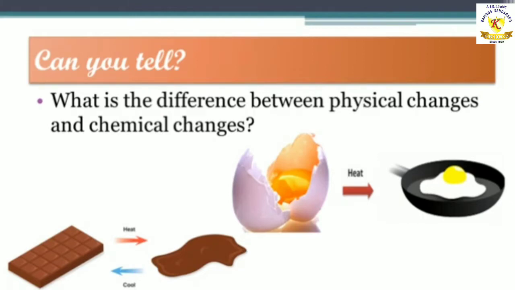Are you getting the difference? Physical change is a reversible process, whereas chemical change is an irreversible process. And in chemical change, we get a new product or new substance which has properties different from the original substance.